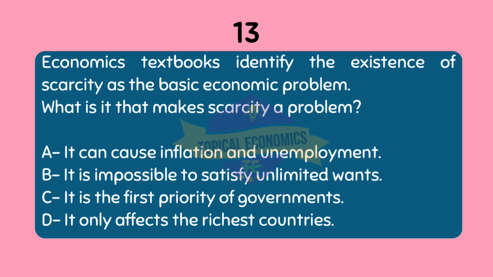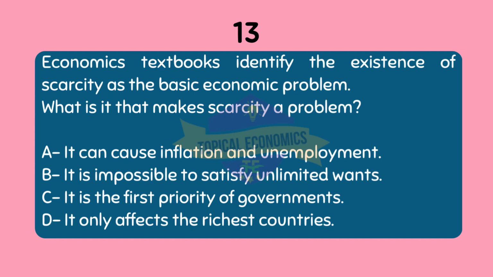Scarcity is a problem because it highlights the fundamental conflict between limited resources and unlimited human wants. This imbalance necessitates choices and trade-offs, as it is impossible to meet all desires with the available resources. Looking at the other options. Option A, it can cause inflation and unemployment, relates to the effects of economic policies and market conditions, but does not directly define why scarcity is a problem.